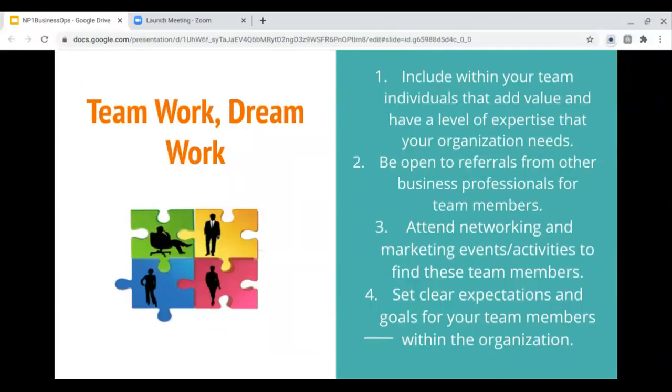So you just want to make sure that you've taken out the time to not only know what those expectations are, as well as make sure that you've effectively communicated it to them. So if you have a recruiter, hey, I expect you to make 100 phone calls a day. You want to make sure that you're very clear, because no less than 50 phone calls really won't get you the type of traffic that you want for your organization.